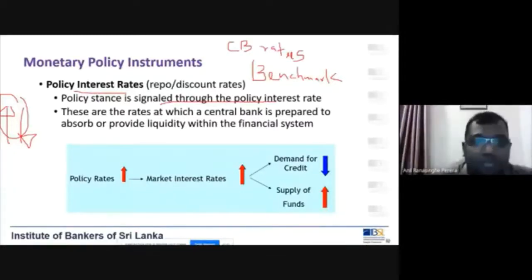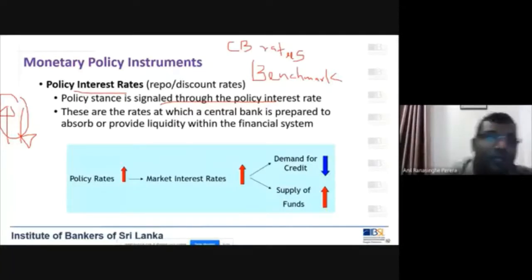When you increase interest rates, that will increase the cost of money. So money supply will reduce, the credit supply will reduce. So that is basically a tightening of the policy. If it is relaxed, you call it monetary relaxation.